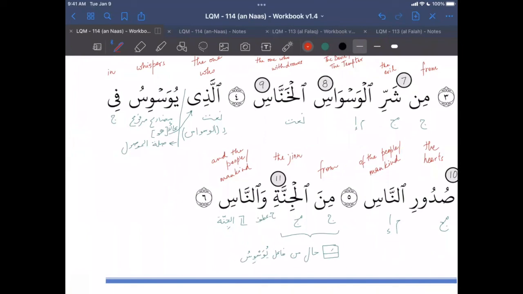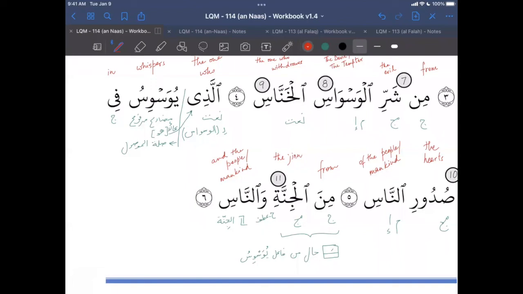So who can that be? That can be someone from within the group of jinn as well as people. Either one of them is identified as capable of whispering in the hearts of the people. That's what this analysis is saying.